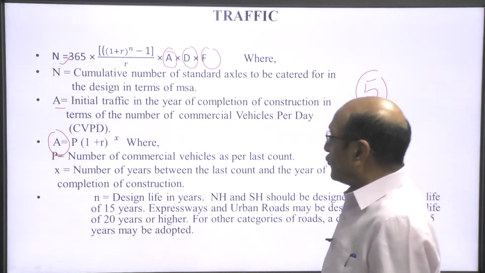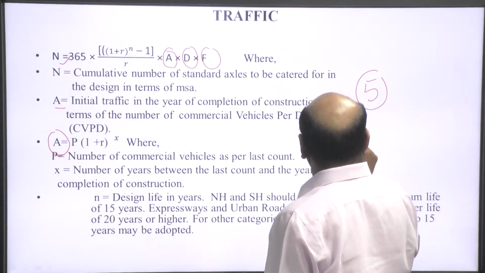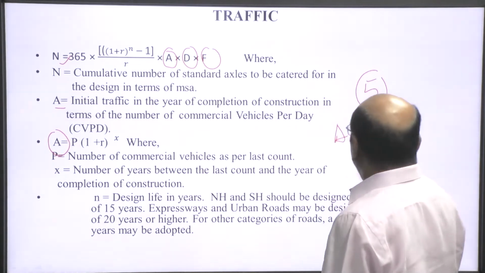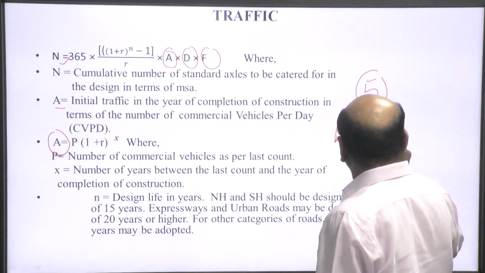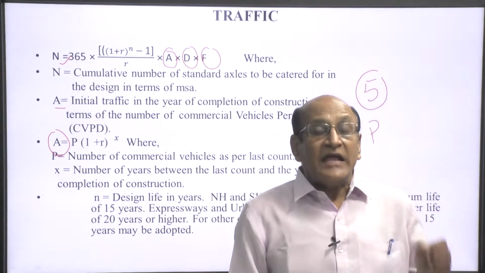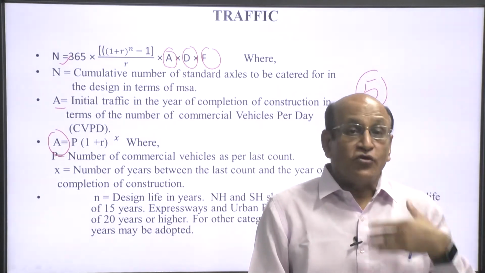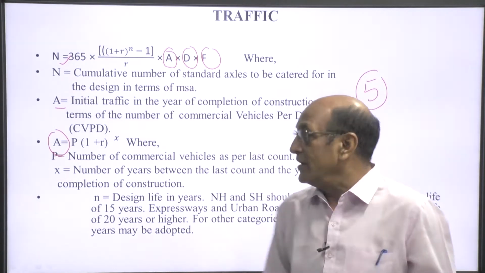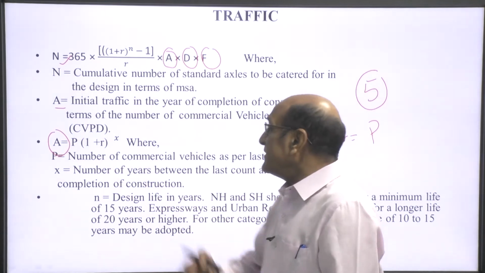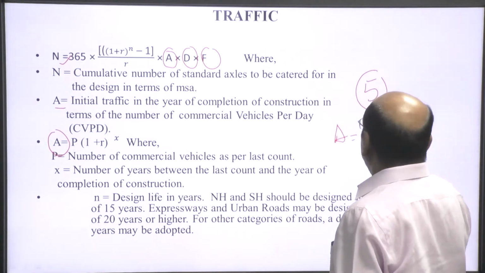So, A will be calculated as P, where P is the initial traffic during last count, 2 years back, and x here is 5.